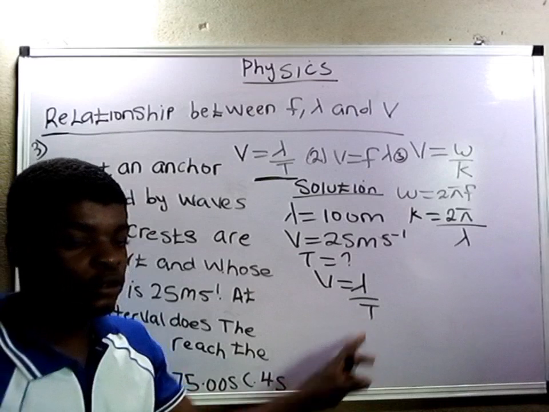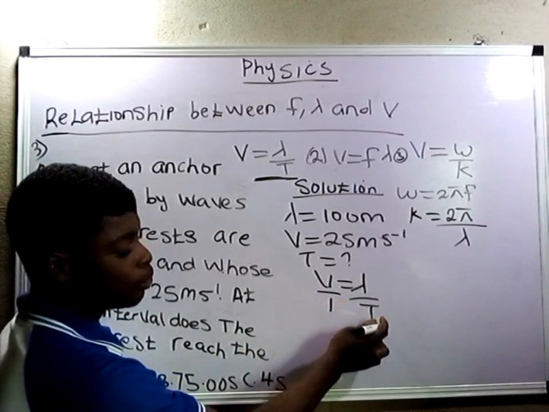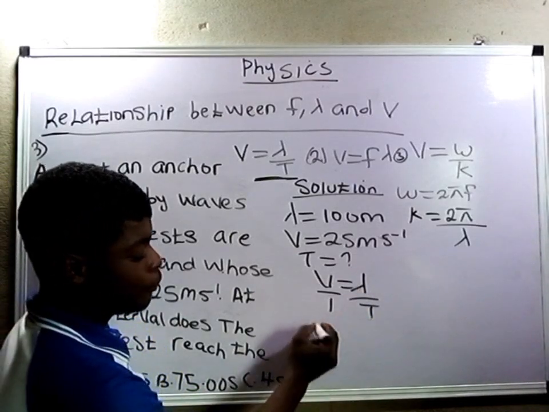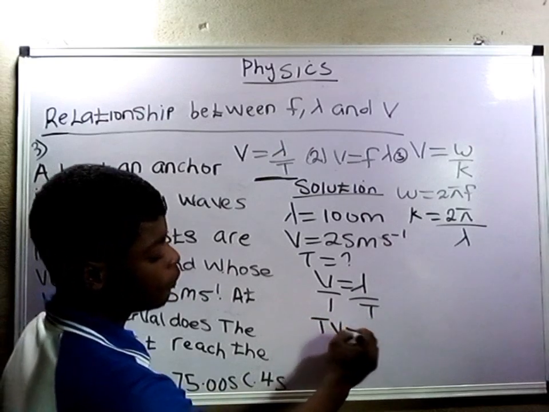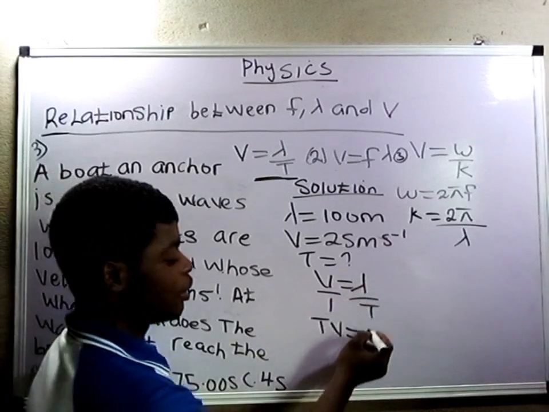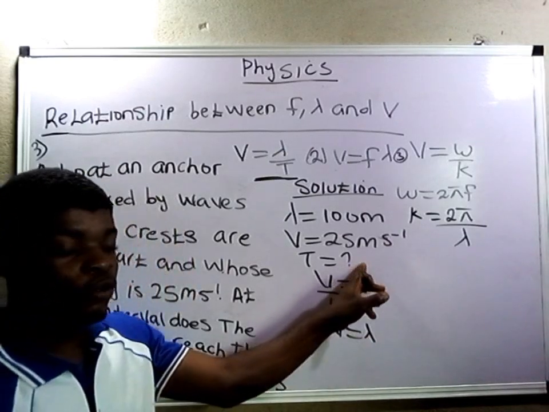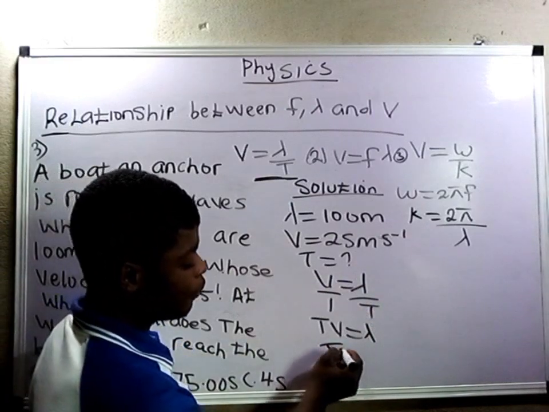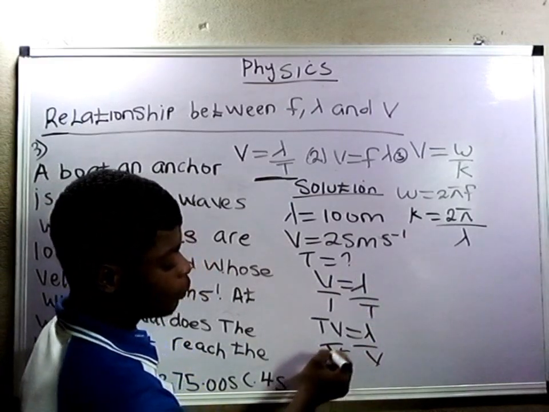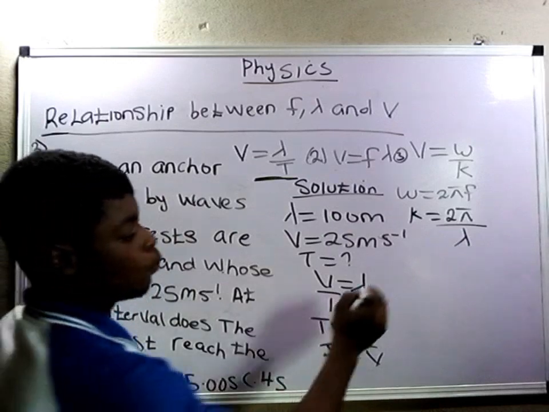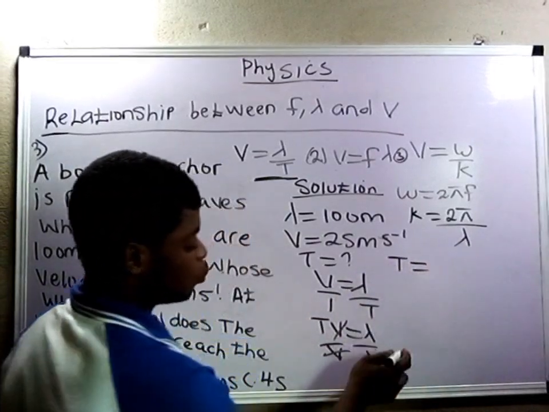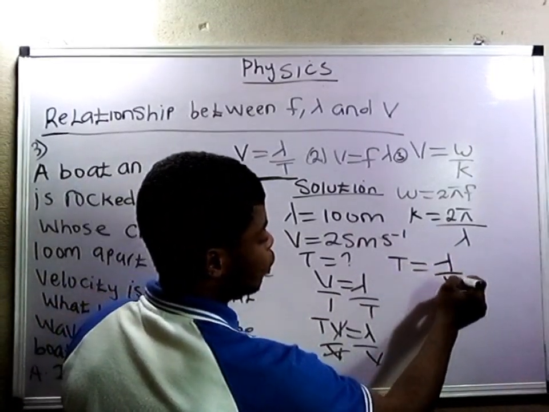We have to look for T, so let's first multiply. T times v, which is period times velocity or speed, is equal to lambda. We're looking for period, so divide both sides by v, and v cancels v. Your period will therefore equal lambda over velocity.